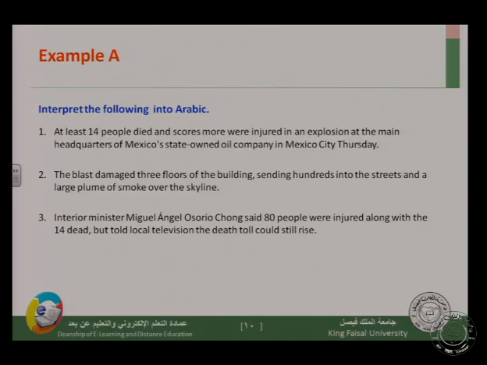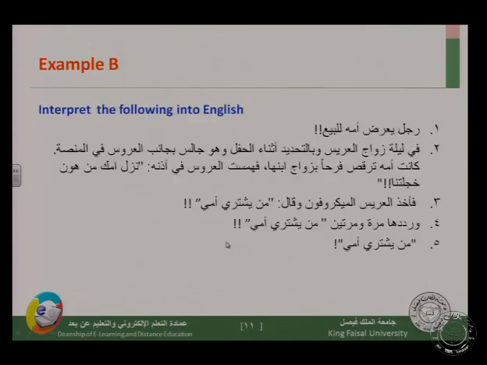It requires a lot of knowledge, skill, and experience. So you better do this when you are young, if you are into interpreting. Now this one, interpret the following into English.